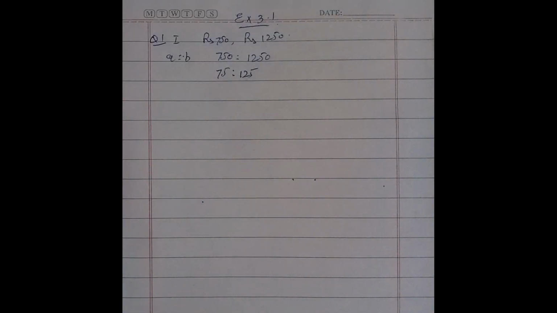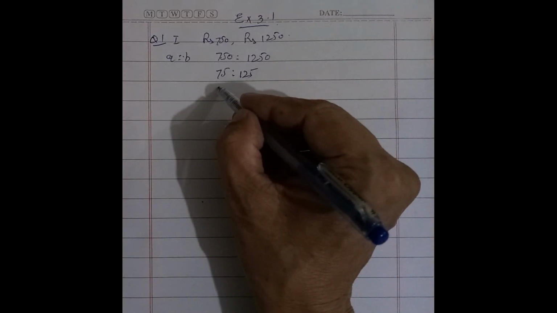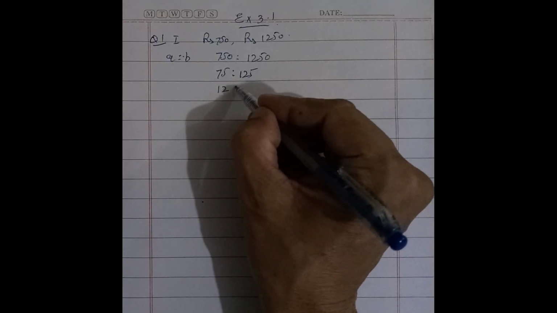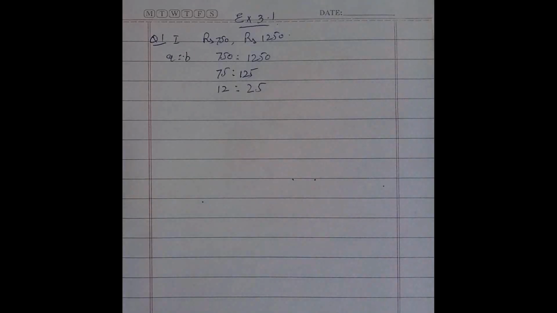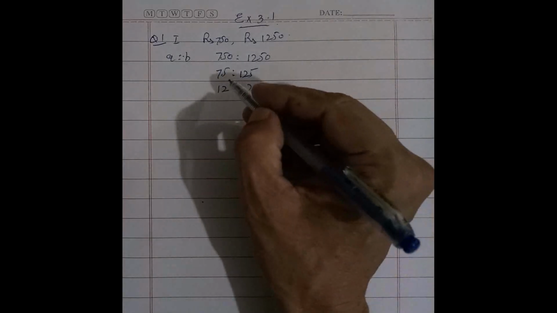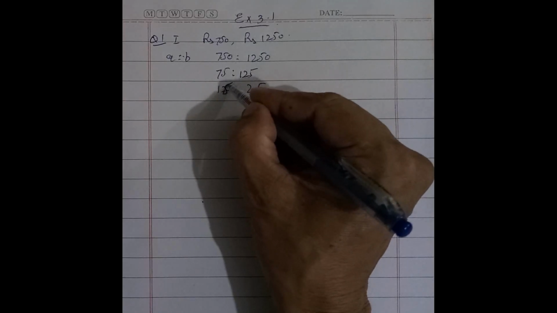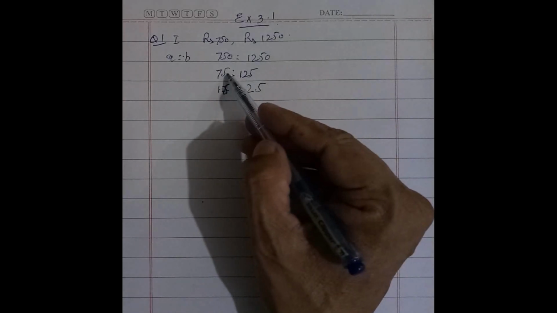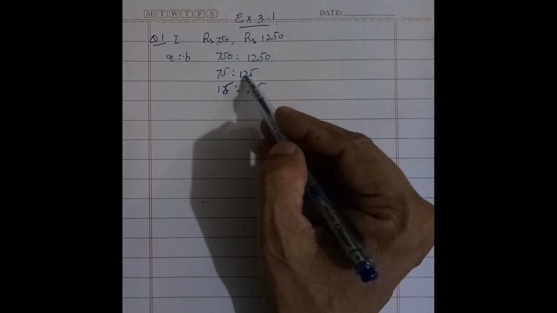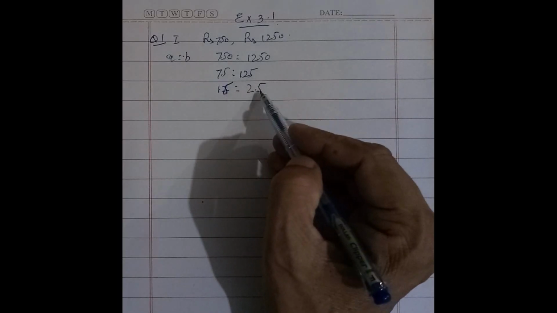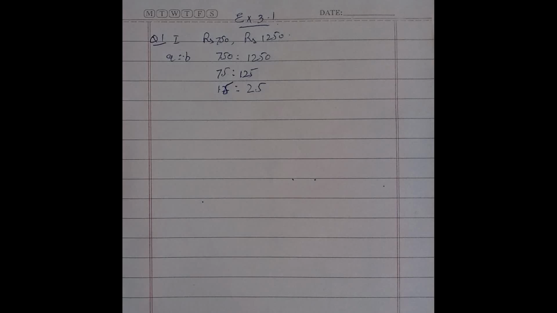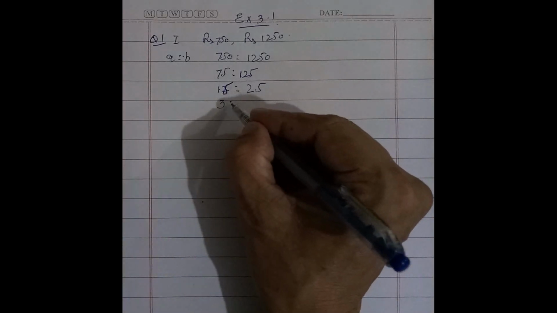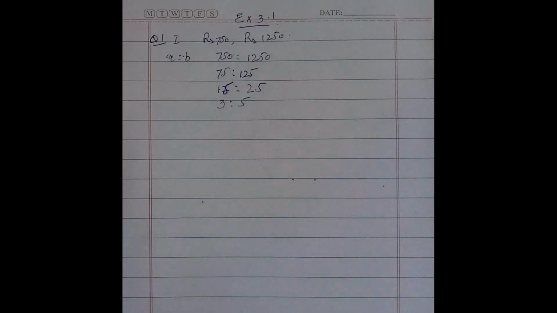Then we divide them by 5: 5 ones are 5, 5 twos are 10, 5 fives are 25. Then both are divided by 5 again: 5 threes are 15 and 5 fives are 25.